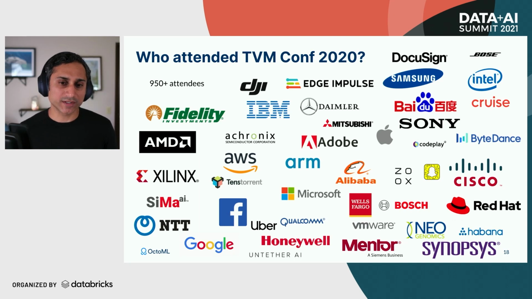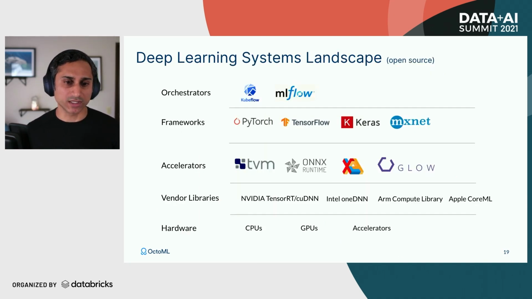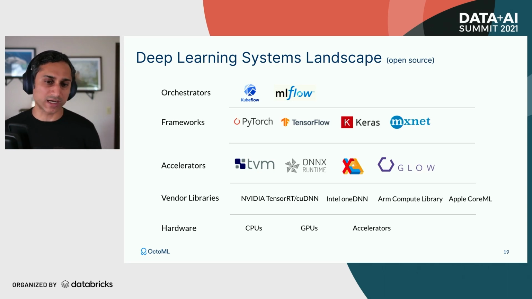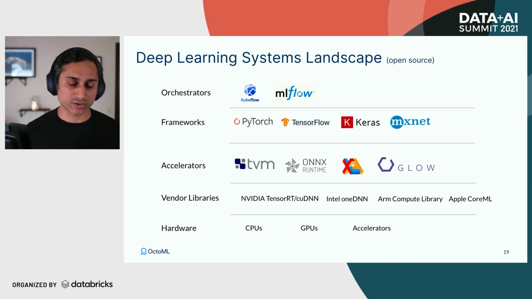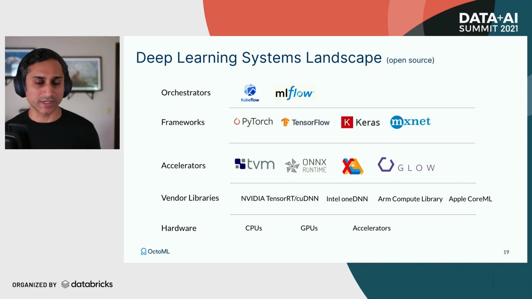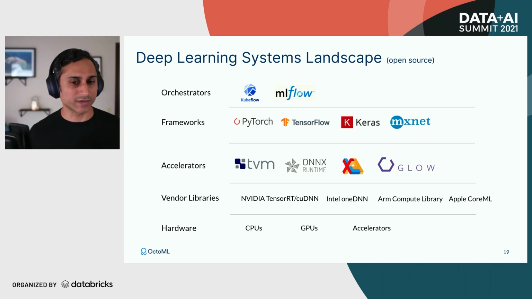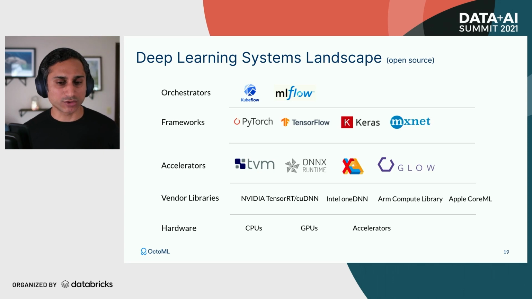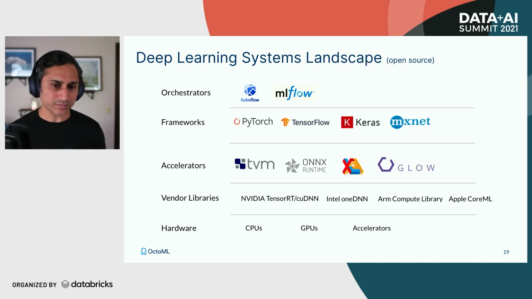So I want to talk to you about the landscape of deep learning. I think a lot of end users are pretty familiar with the orchestrator frameworks like MLflow, if you use Databricks, or Kubeflow, if you perhaps use Google Cloud, or frameworks, right? Like the last decade of deep learning has been heavily focused on developer productivity and increasing the accuracy of the models to get state-of-the-art results, especially using PyTorch or TensorFlow.